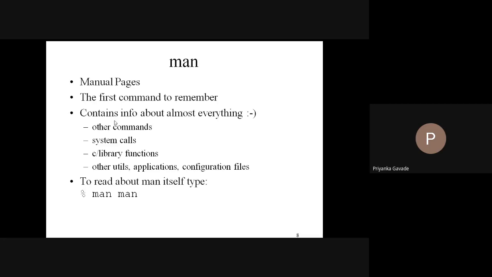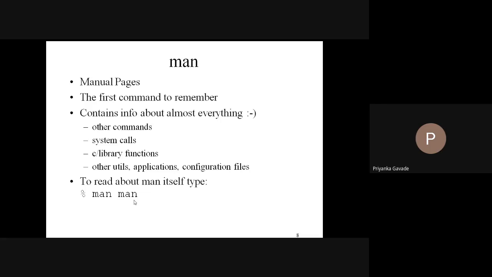This man documentation contains information about all the commands, the various different system calls, the library functions and other configuration files too. For example, if I want to know more about the WC command, then what I can key in on the prompt is man followed by the name of the command, that is WC.